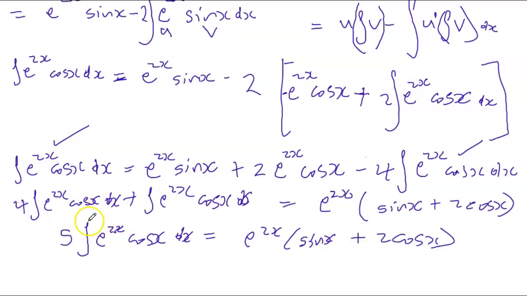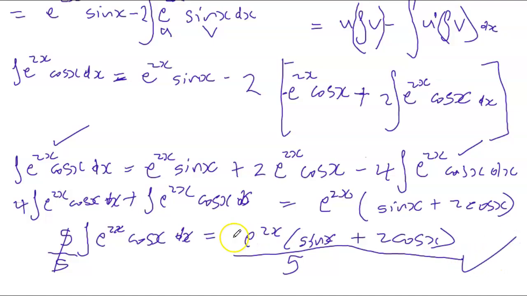And then we can of course divide both sides by 5. There we have an expression for the integral of e to the 2x cos x dx, which is what we have here on the right hand side. That's our solution.